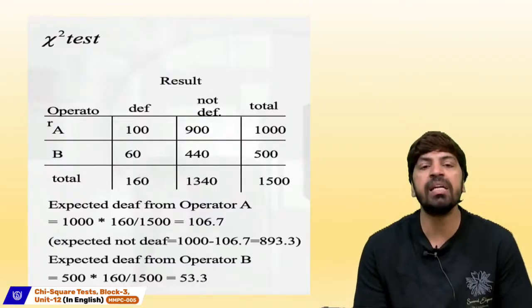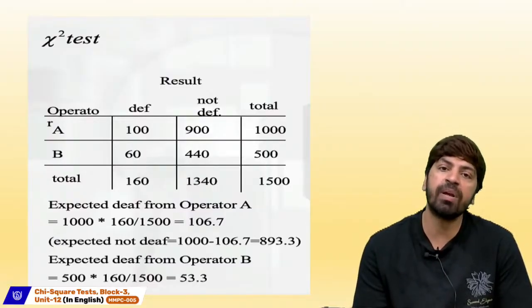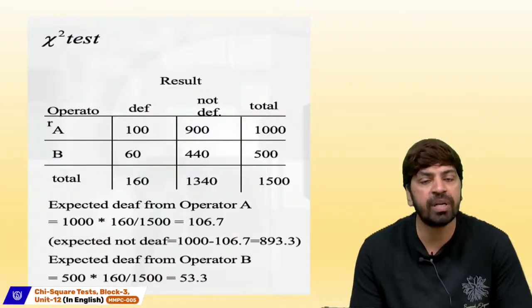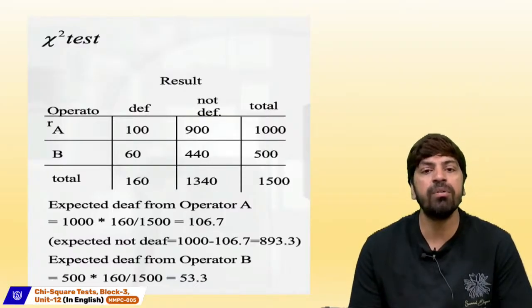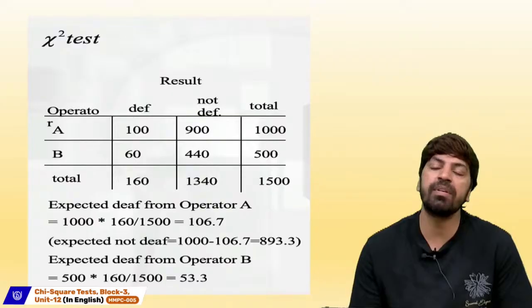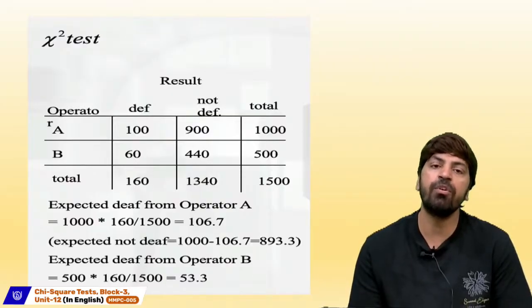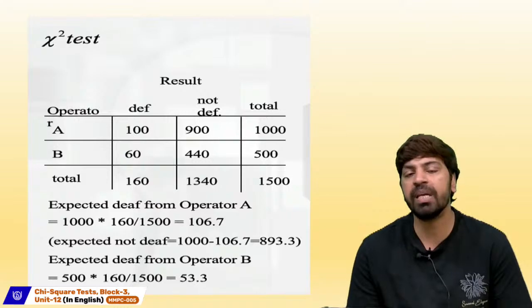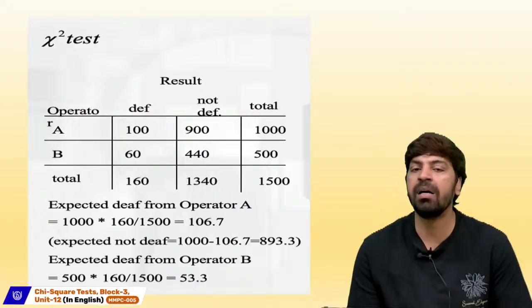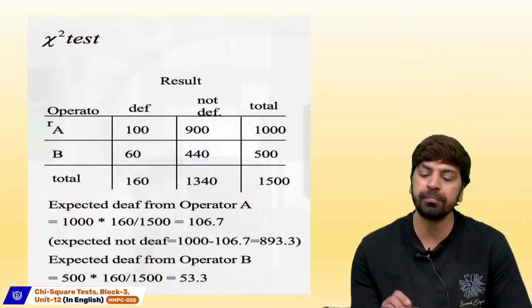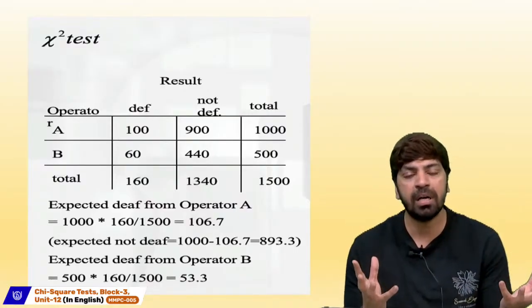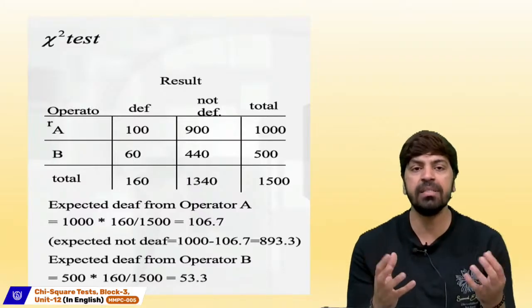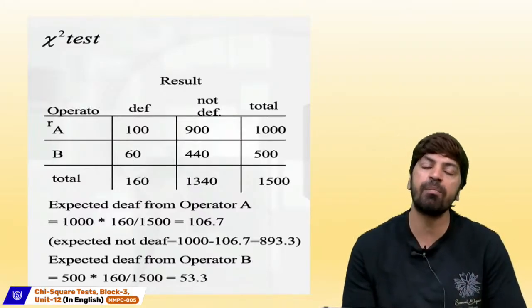The expected frequency of non-defective is 500 minus 53.3, that is 446.7, the expected frequency of non-defective from operator B. So now we have estimated the expected frequency of all the cases, defective and non-defective, for operators A and B.